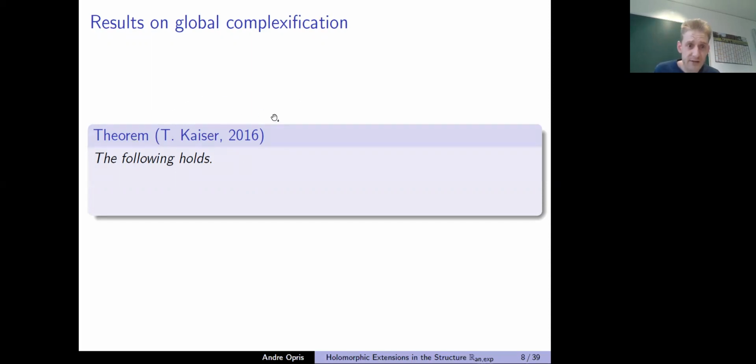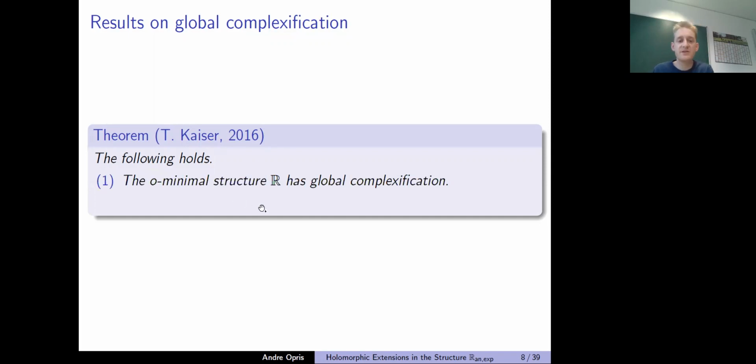And he could show that the following holds. The first one is that the o-minimal structure R_alg has global complexification. This is a result which appeared in the Archive for Mathematical Logic. And what is the idea to prove this?